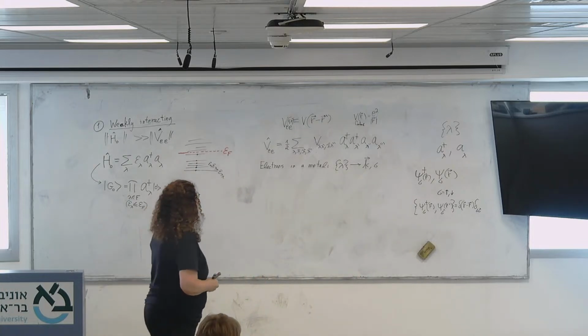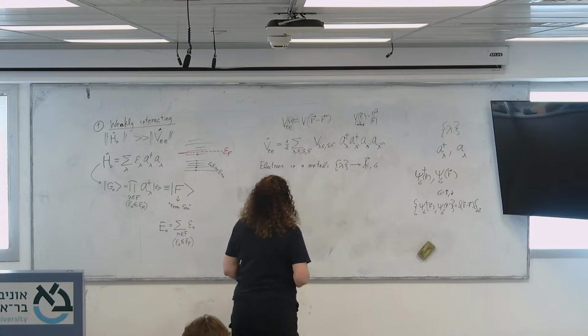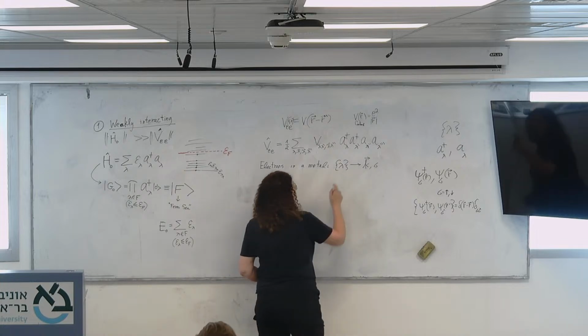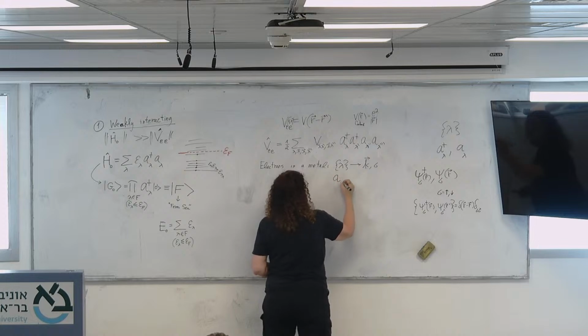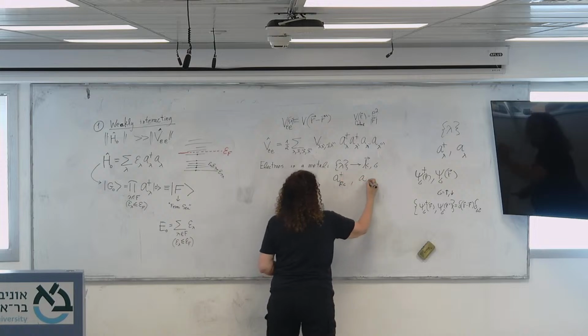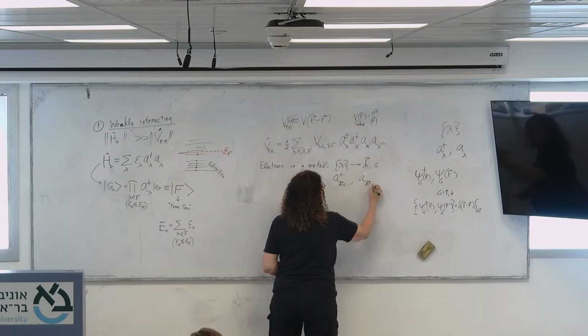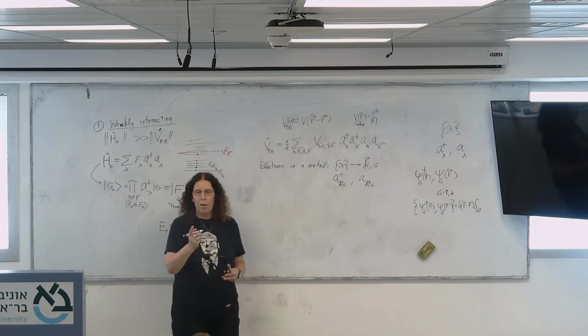Okay? So the single particle operators in which we are going to describe our Hamiltonian are a and a dagger of k sigma. Okay, they have two indices, wave vector and sigma.